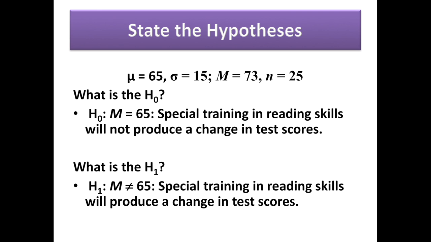But in language, if you're going to say it, you'd say something about will not produce, there will not be, things like that, and have that no or not word in there. The alternative hypothesis mathematically is just that mean does not equal 65, or that special training in reading skills will produce a change in the test score. So you're going to have something different besides 65. You could have higher than 65 or lower than 65.